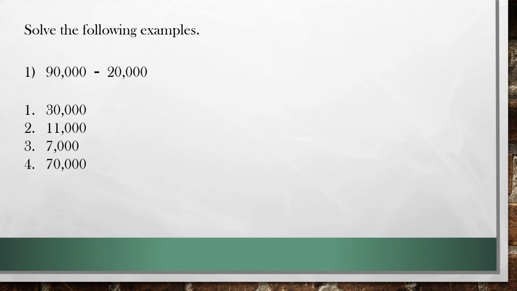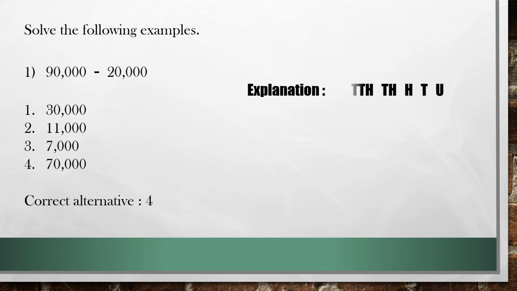Okay, so be careful. Count the number of zeros. Now option number 3 is saying 7,000 and option number 4 is saying 70,000. The correct alternative is option number 4. Why? Because it is 90,000, and if 20,000 is taken out of 90,000, we will be left with 70,000 only.